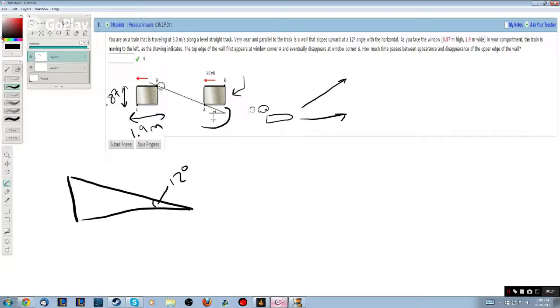So basically, we're trying to solve for this distance between the two B's here.